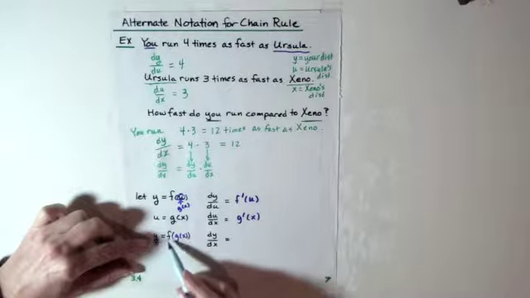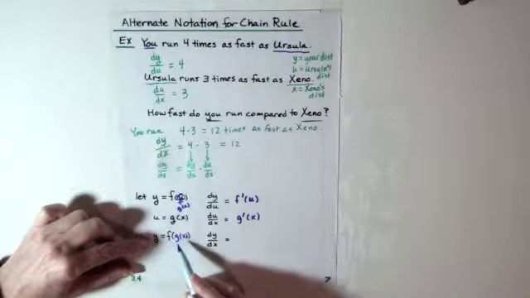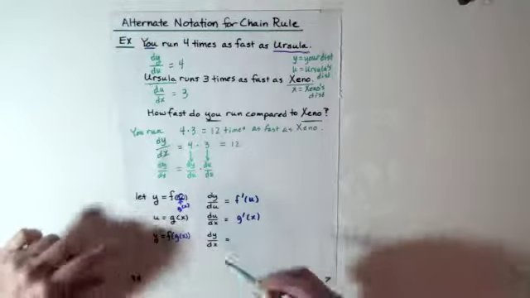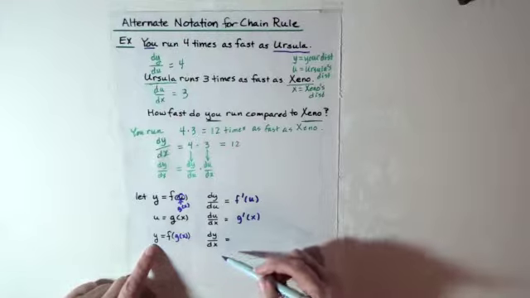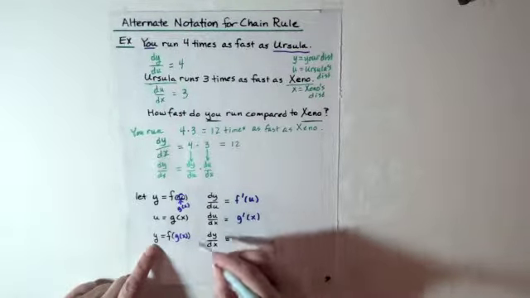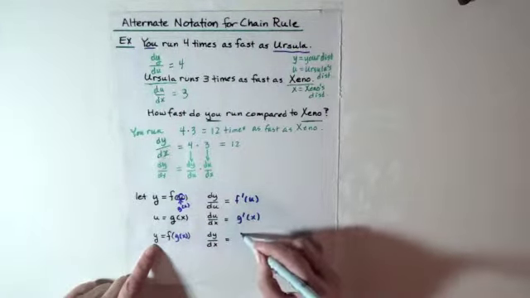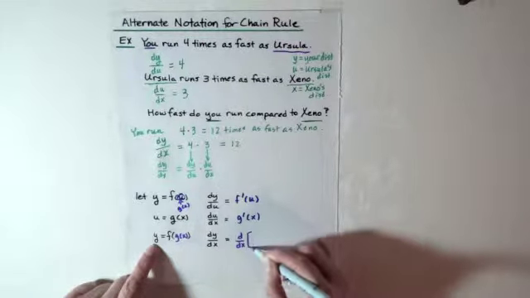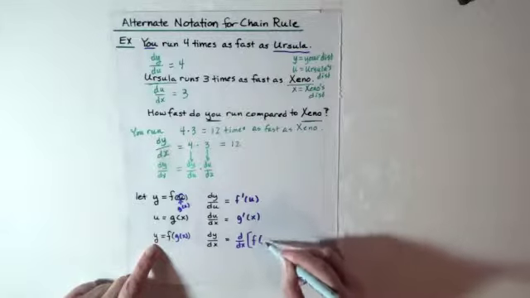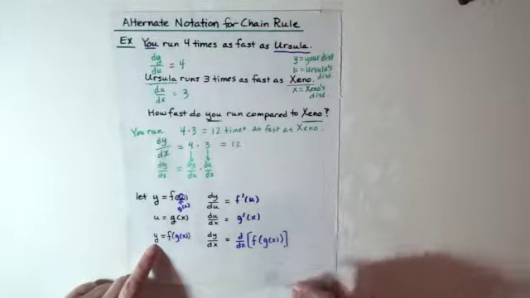That's just y equals f of u. If I do that, the derivative of y with respect to x would really be the derivative of the right-hand side. So I could write it with my operator notation and say, oh, that's just the derivative of the right-hand side, f of g of x.